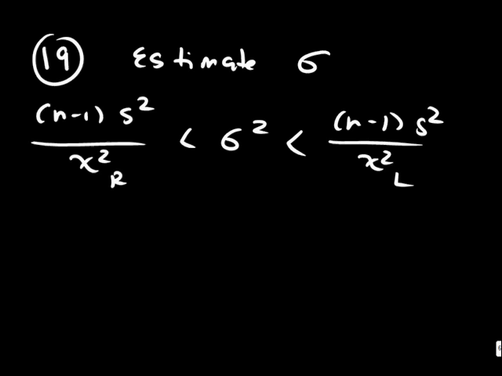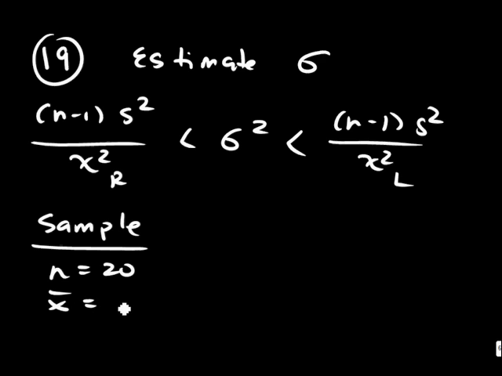Sample information they give is n is 20, sample mean 10.2, sample standard deviation is 2.6. Now, we have the sample size and standard deviation.